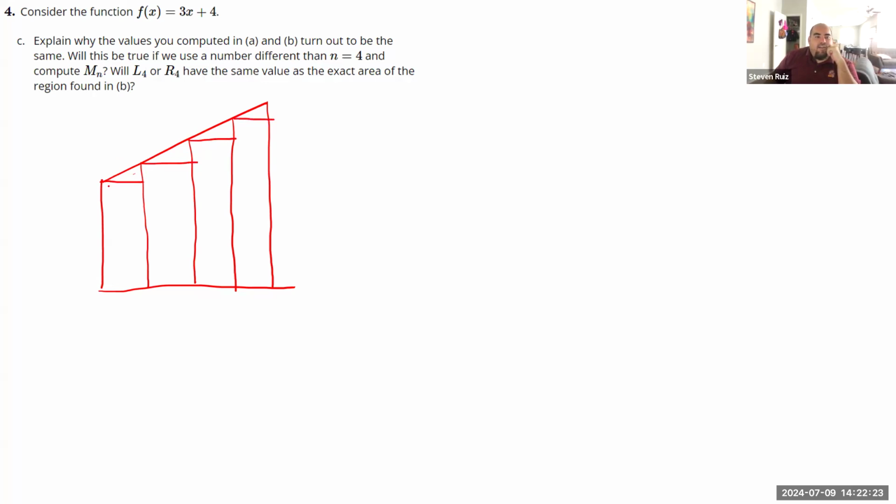So now if I take the area of those rectangles, how is that going to be related to the area of the trapezoid?